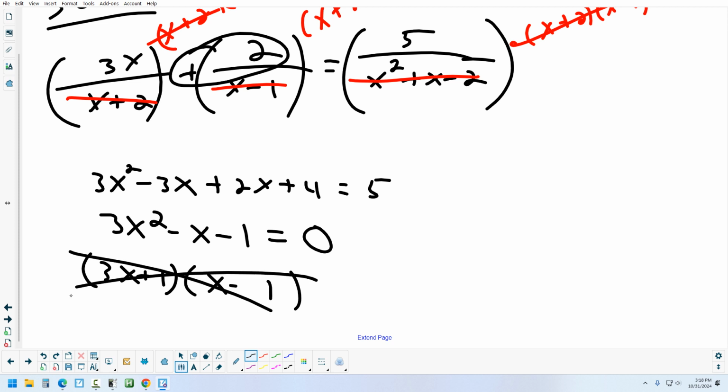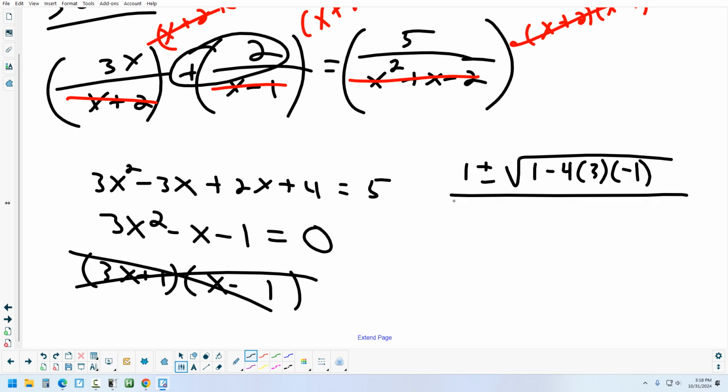So what else can we do if we can't factor? Quadratic formula. So negative b plus or minus square root of b squared minus 4 times a times c all over 2a.